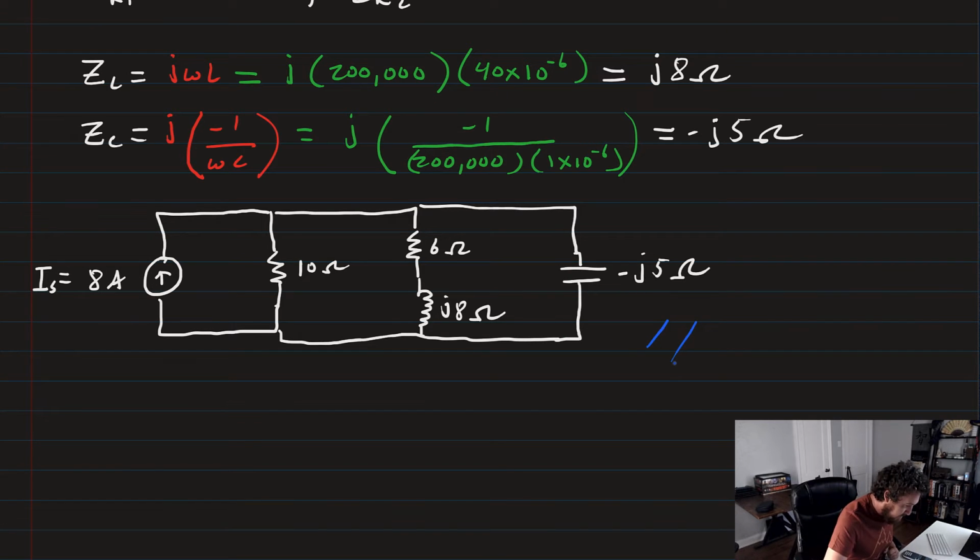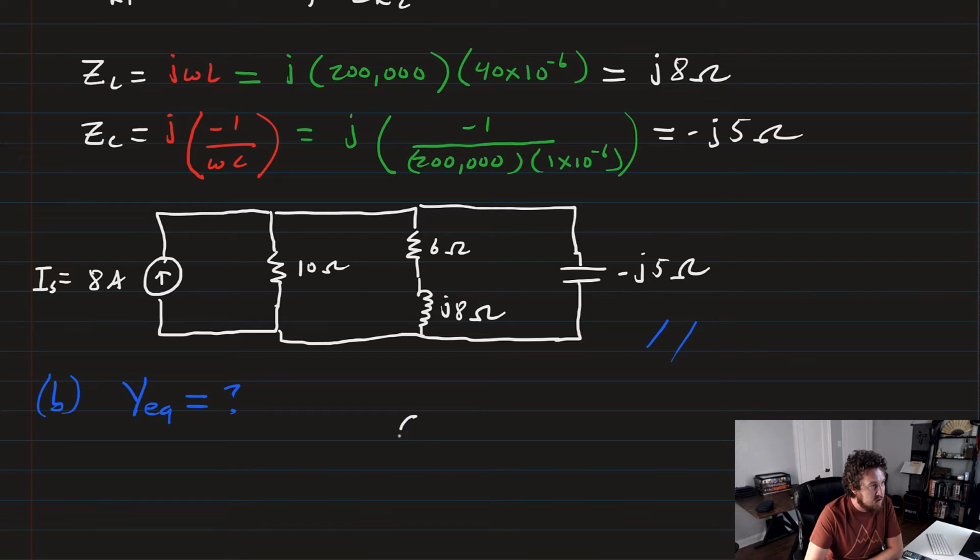Now, part B asks us to find what's called the equivalent admittance. So what is that? Part B wants us to find what they call admittance, YEQ. And that's going to be the equivalent admittance. Let's draw it real quick.